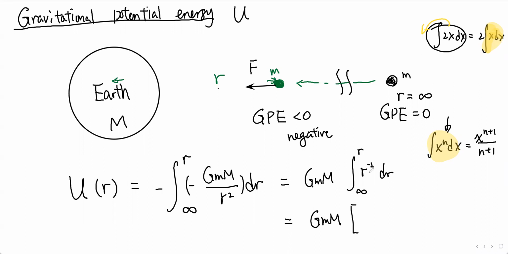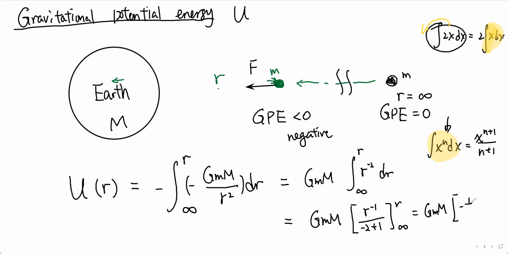Now let's do it. Okay, you can do it. Now this one is negative 2 plus 1, which is negative 1, and then divide by negative 2 plus 1. You add and then you put it over.